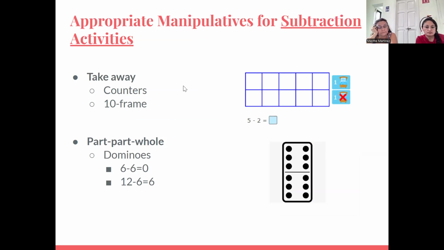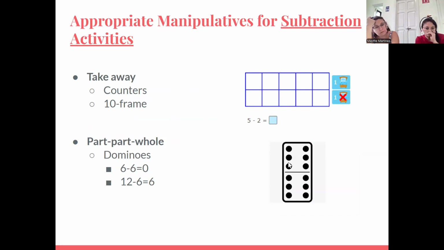For subtraction activities, you can use the 10 frame again with kindergarteners, and you can say, oh, we have 5 friends who came for the sleepover, 2 friends left. How many friends stayed for the sleepover? You can use dominoes too.